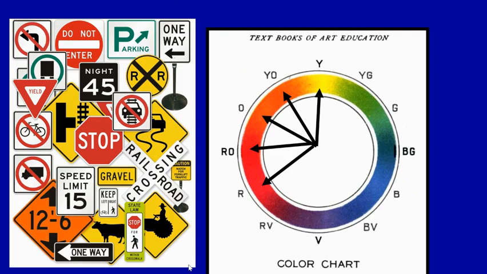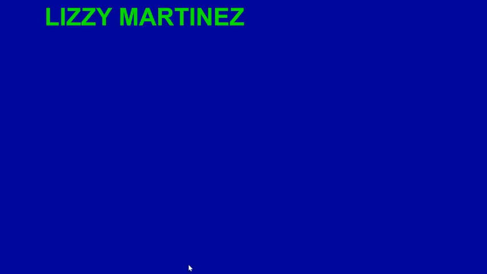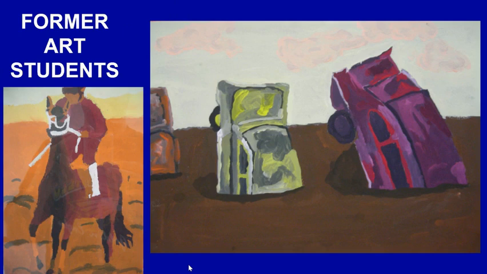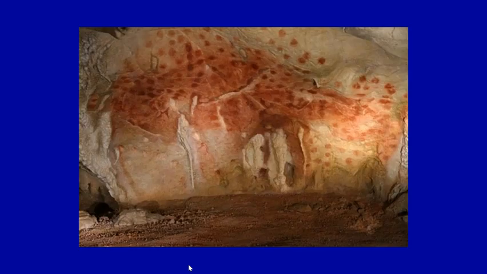And that's also why road signs are done mostly in warm colors, especially ones that warn you of danger. Those are warm colors because they get our attention. Some modern artists will work only in warm colors, and I've had my students do works in warm colors.